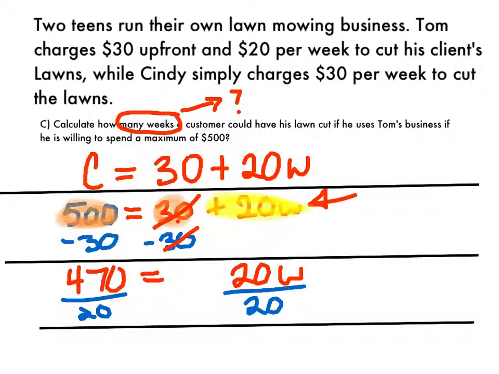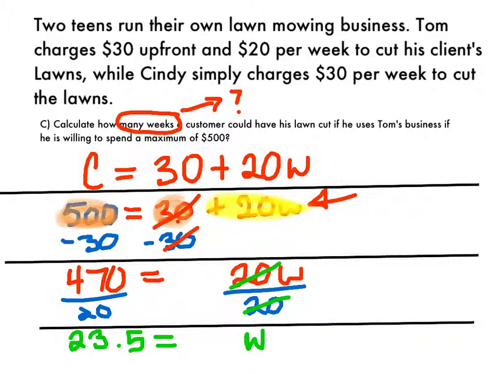So on the left side we see 470 divided by 20. If I think 470 divided by 10, that leaves me with 47. Since it's 20, I'll divide by another 2, and I'll get 23.5. And 20W divided by 20 equals W.